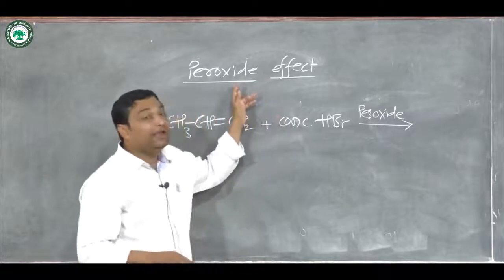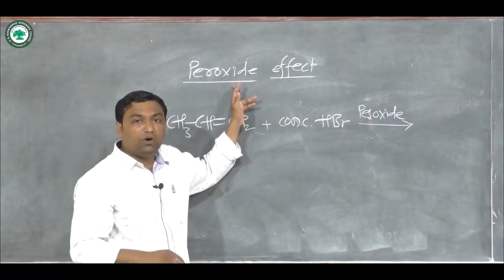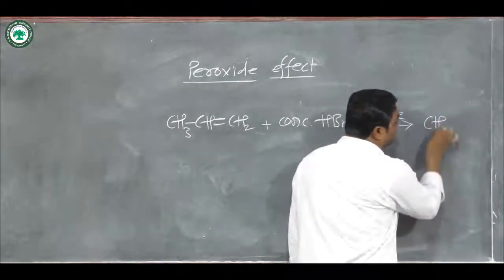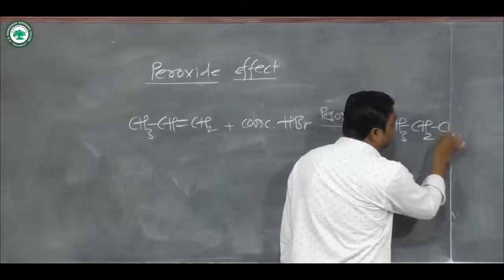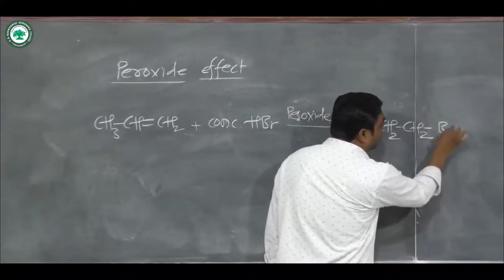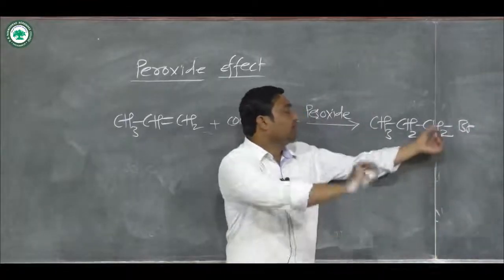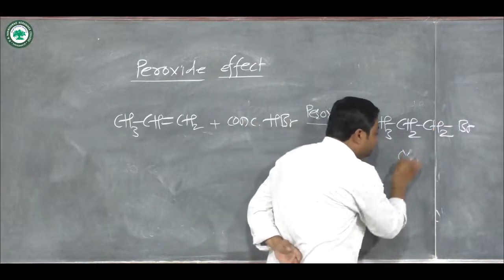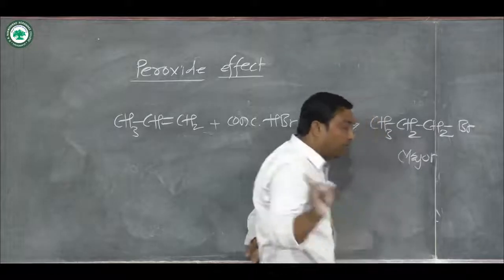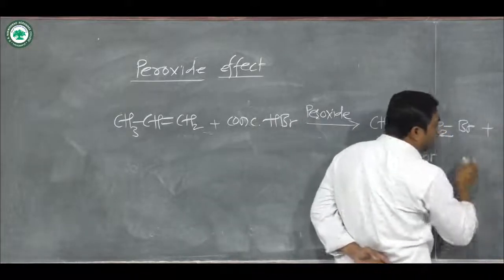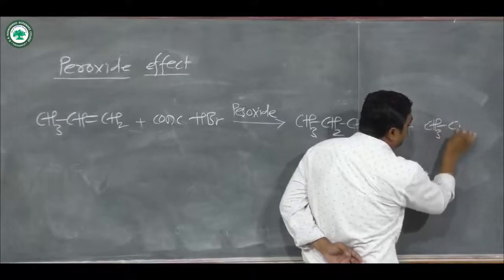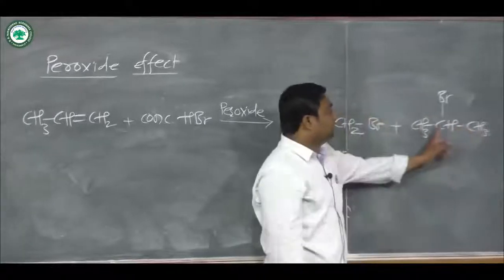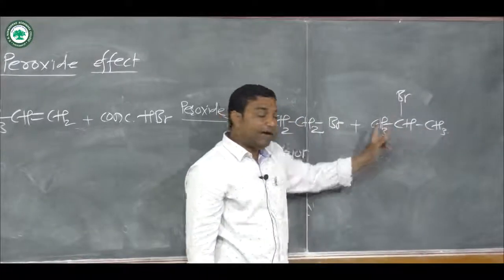But as it is the reverse of Markovnikov's rule, following anti-Markovnikov's rule, we will obtain N-propyl bromide as the major product, whereas this will be obtained as the minor product.